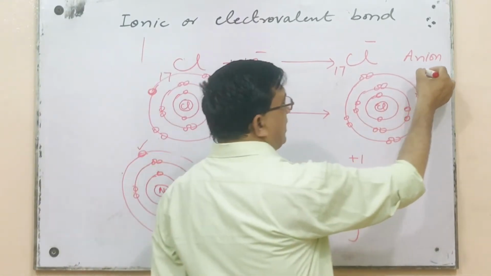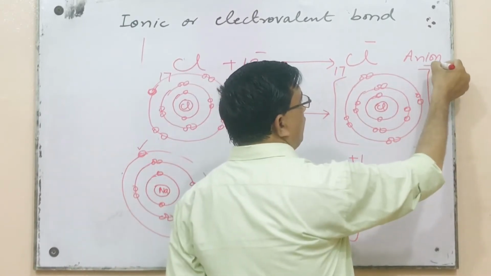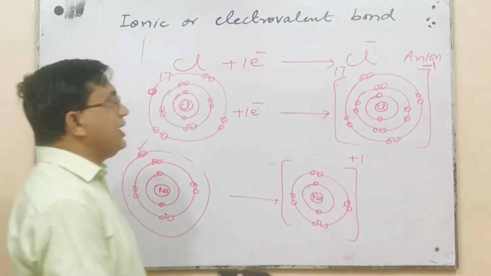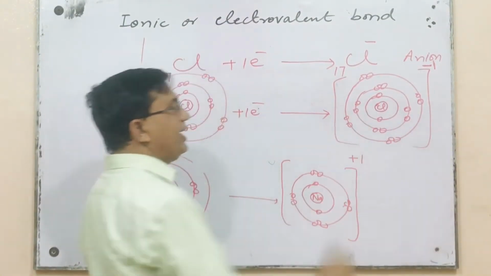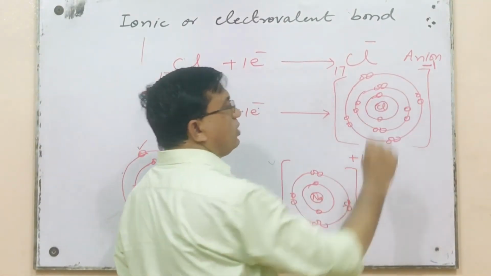And this is represented just like this with brackets with -1 charge. It means that 1 electron is additionally added into this species, and chlorine atom has been changed into chloride ion.